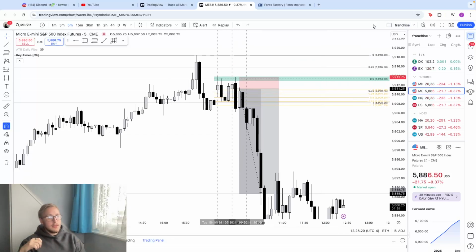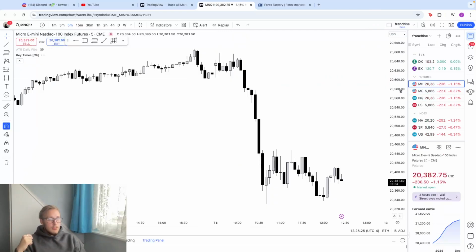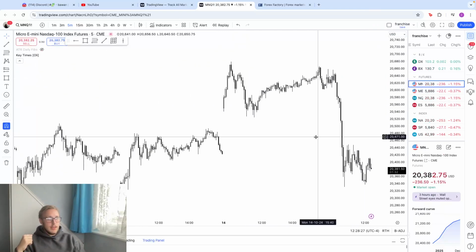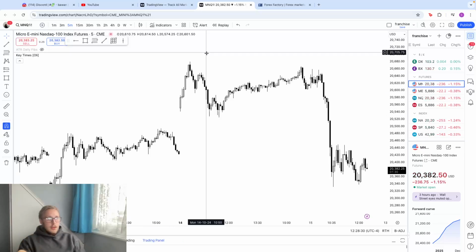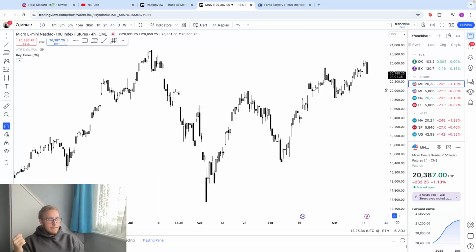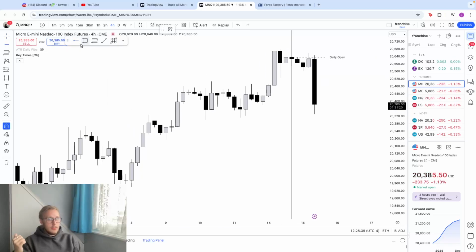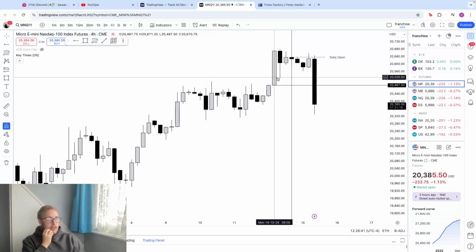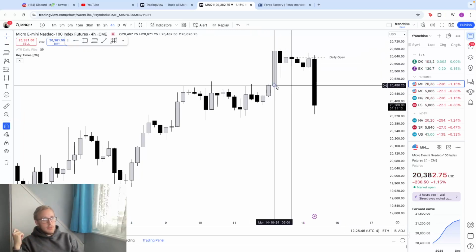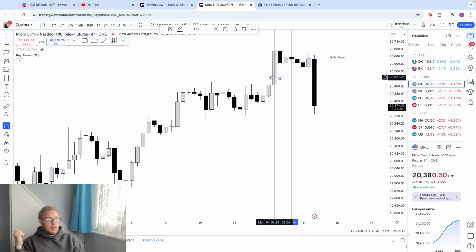We'll look on the 1 minute to see if there's a refined entry as well. NQ, you would have used for your SMT. I don't think I'll be able to get my NQ drawings back. No, I won't. Let's just put it in here quick. So this is obviously the extreme FVG, this is the higher FVG here to here, and this one is the extreme.